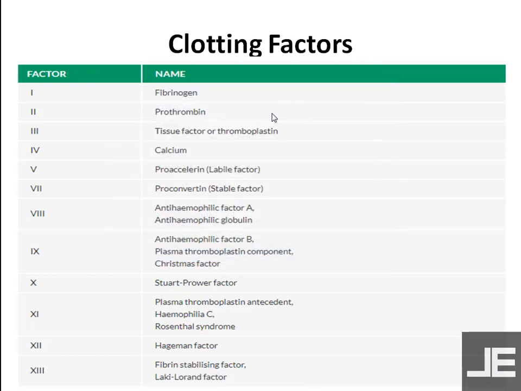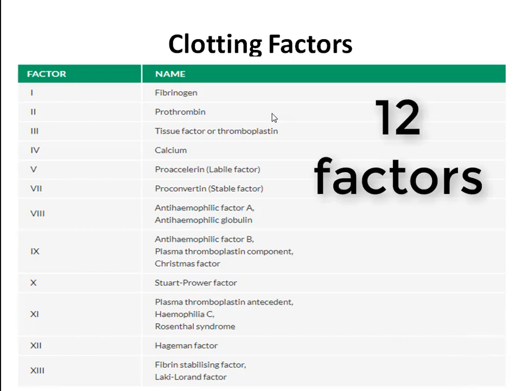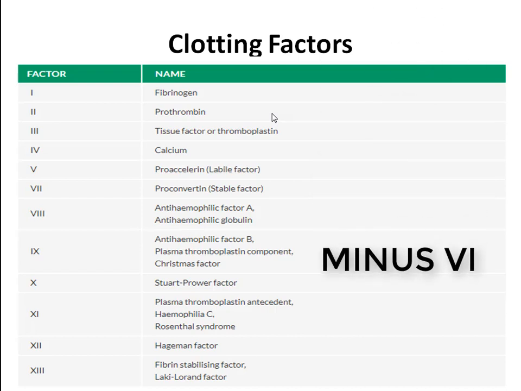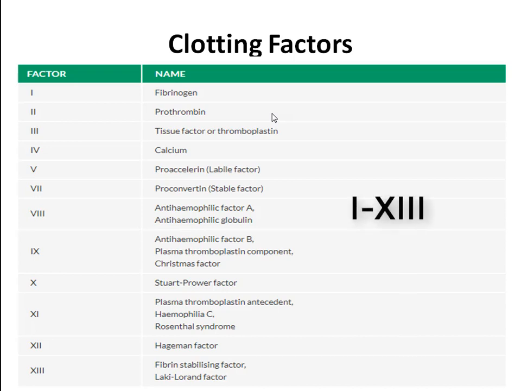However, there are just 12 in total when you count them, because you don't have clotting factor 6. So once you have this noted in your brain, you don't have to forget it again, because you expect to number them from 1 to 13, but you know you're only counting 12, and there is no factor 6.